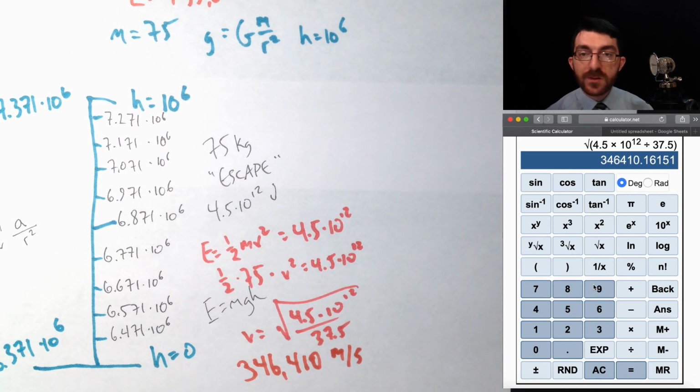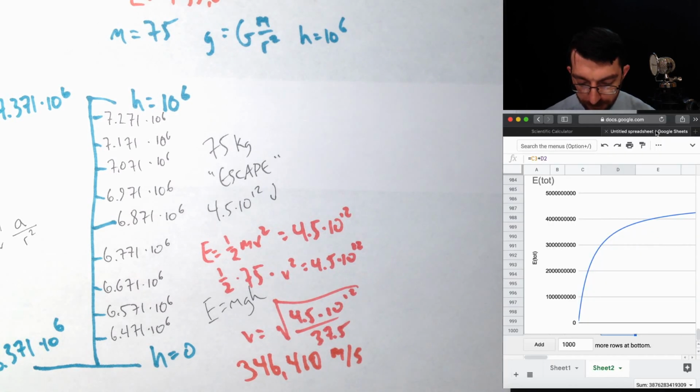If you could start me off at that speed upward, I will never fall back down. That is what is called an escape velocity. 346,410 meters per second. Why will I never fall back down? Well, there's two ways to answer.